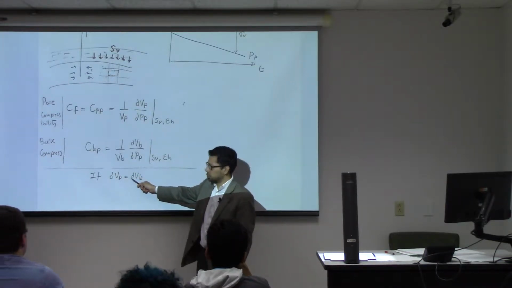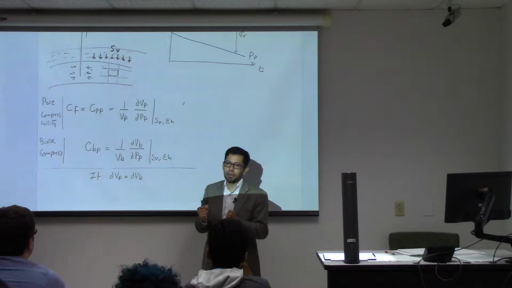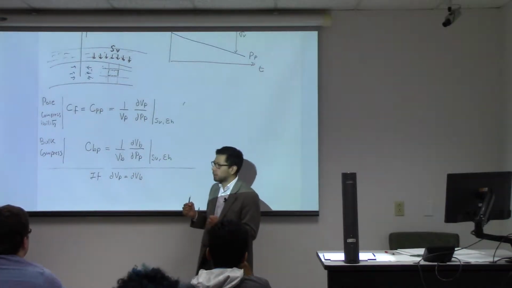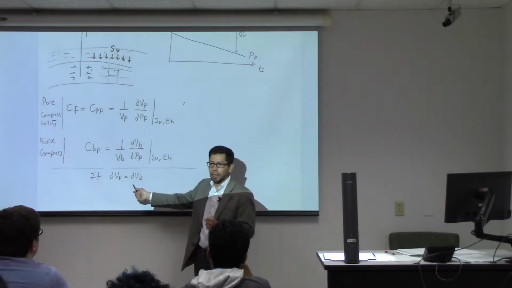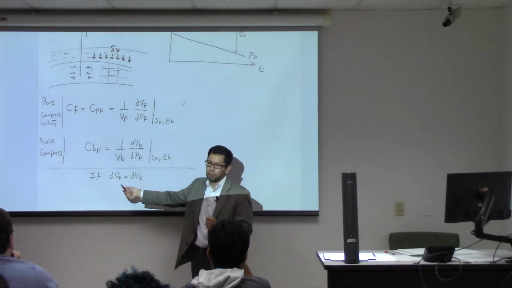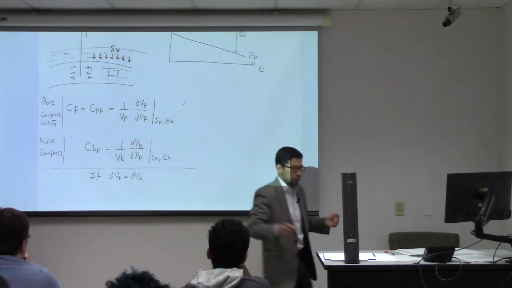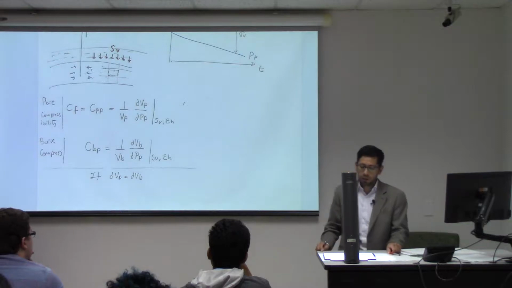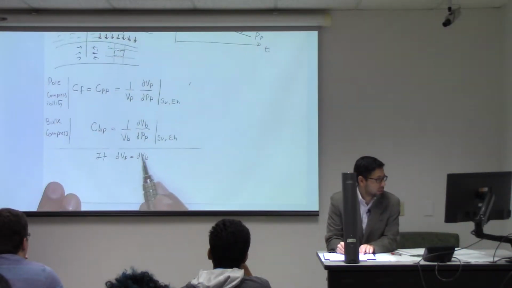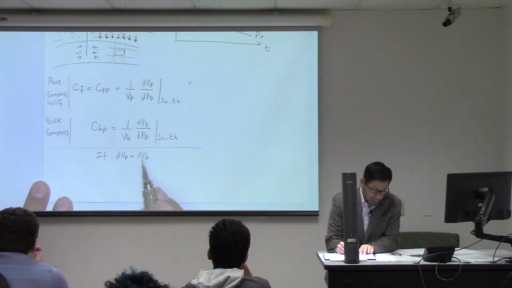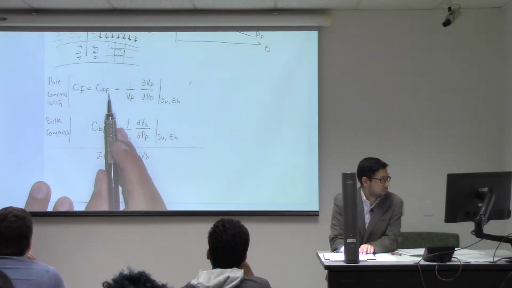And that's sometimes not true because the minerals can also compress. But this is going to be a convenient assumption, and it actually is not too far from the actual solution unless you get very, very tight porosities. But if we assume this, we can rewrite this equation CPP.